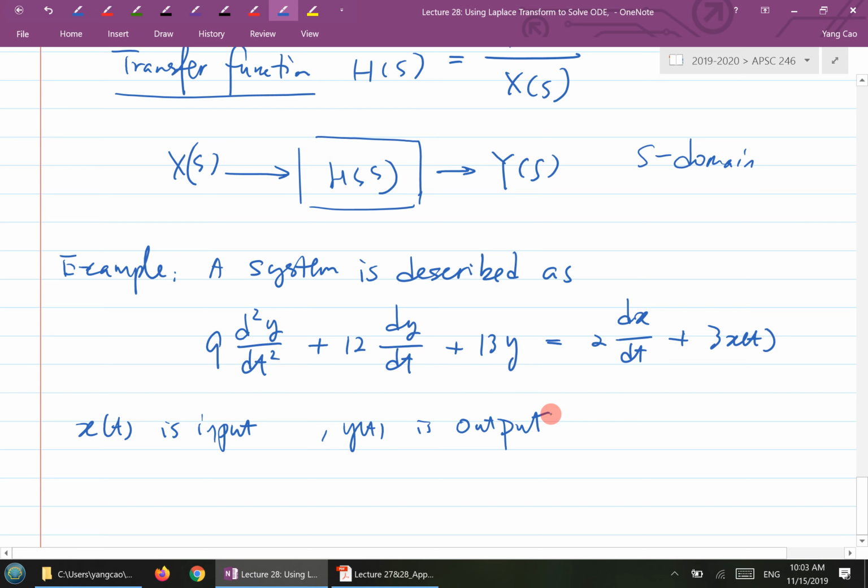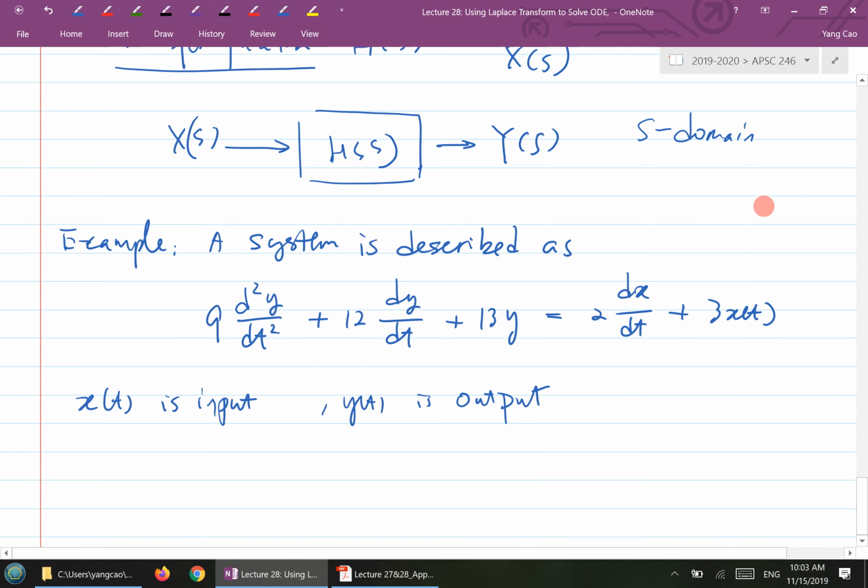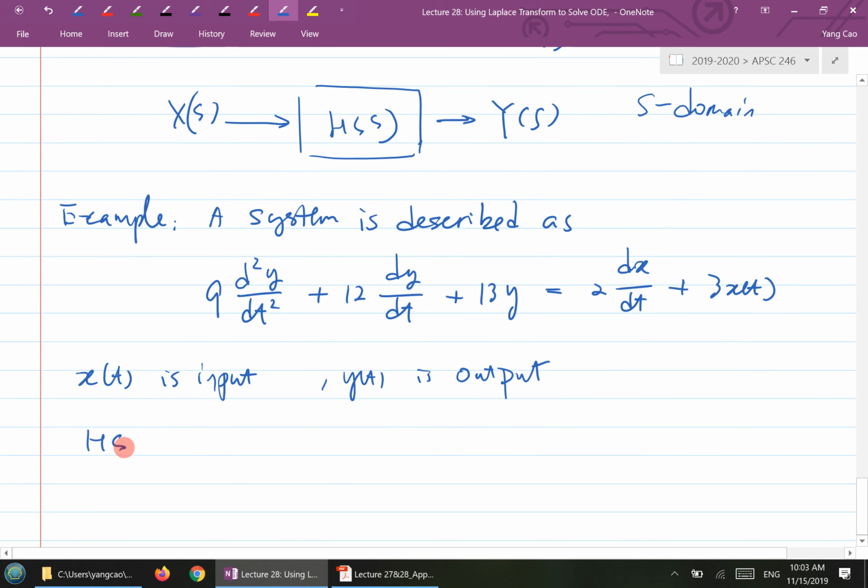I want to find the transfer function of this system. So what is the transfer function of the system? First of all, the input x here is not given.